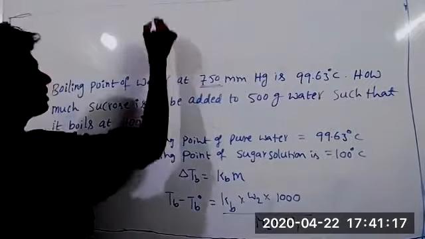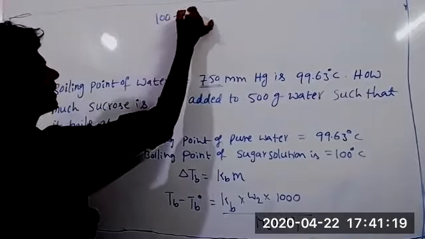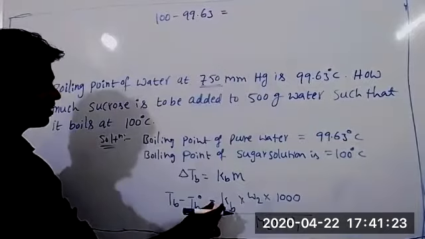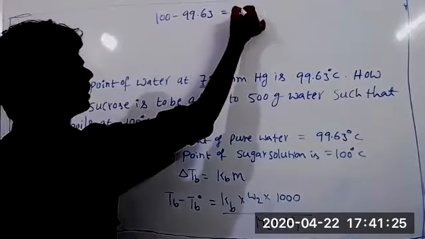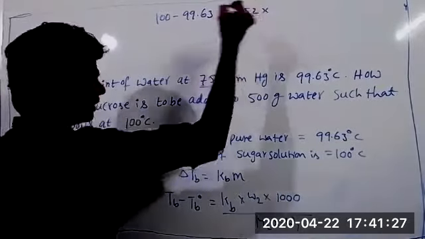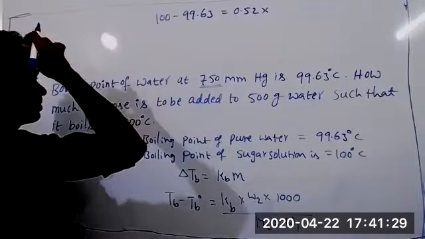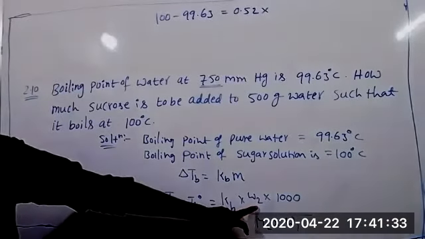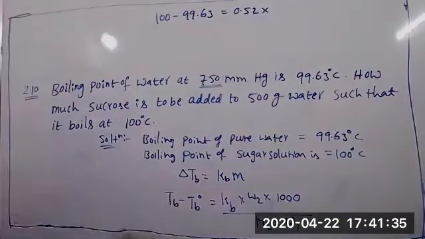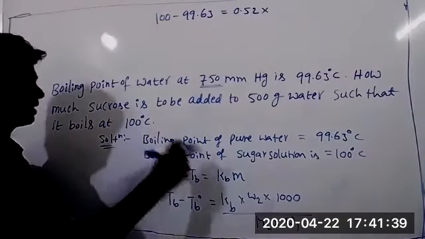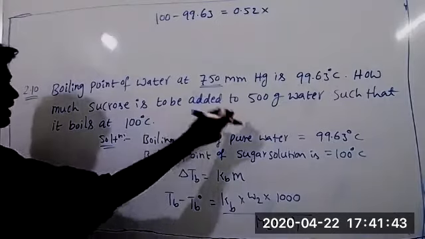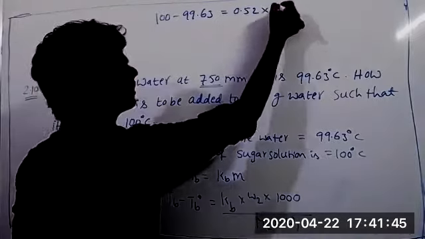Otherwise substitute 100 minus 99.63 is equal to KB for water, the constant 0.52, into W2. What is W2? Mass of solute, the mass of sucrose. That is what we have to calculate: how much sucrose is added to the 500 grams water.